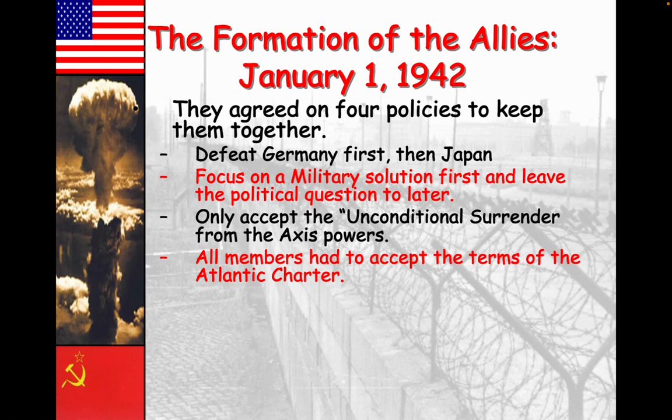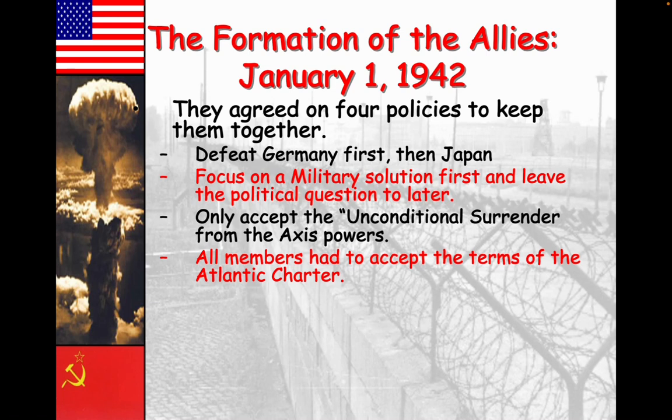First, they're going to defeat Germany first, then Japan. They're going to focus on a military solution first and leave the political questions of the freed areas until after the war. They're only going to accept the unconditional surrender from the Axis powers, and all members had to accept the terms of the Atlantic Charter.